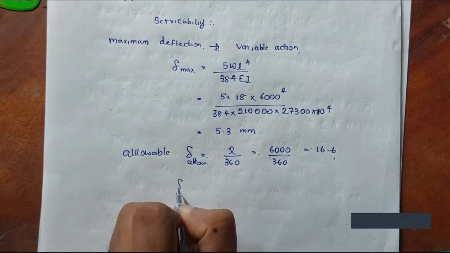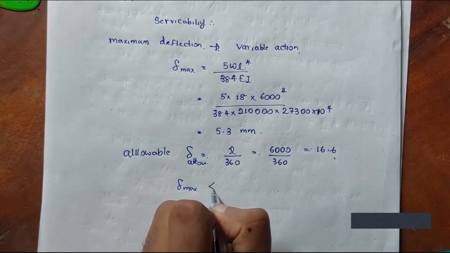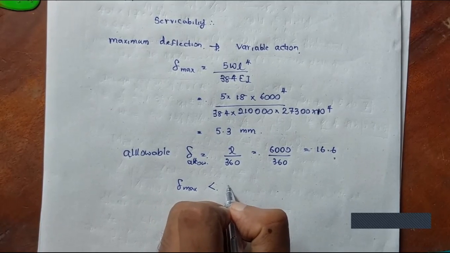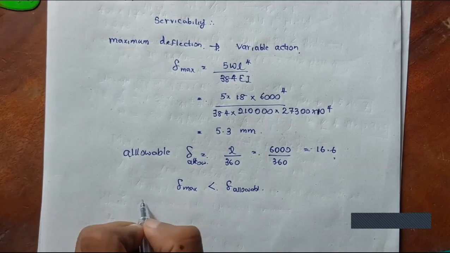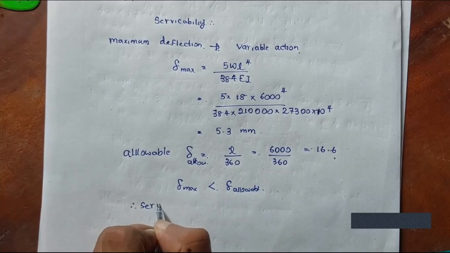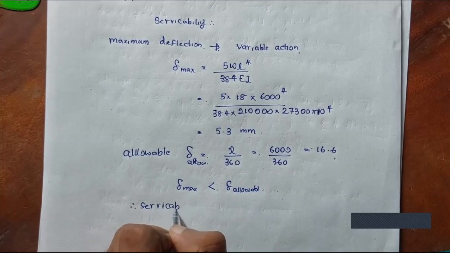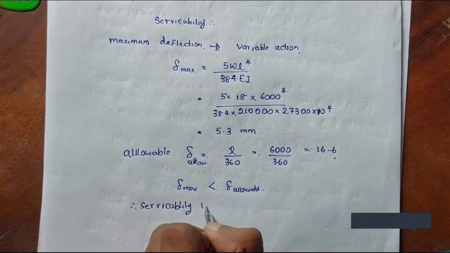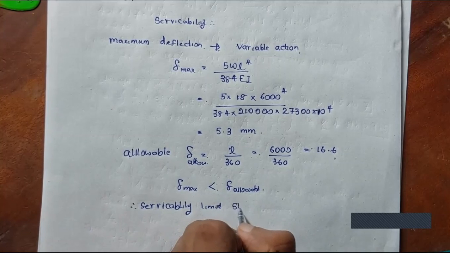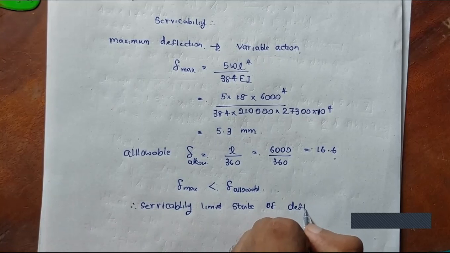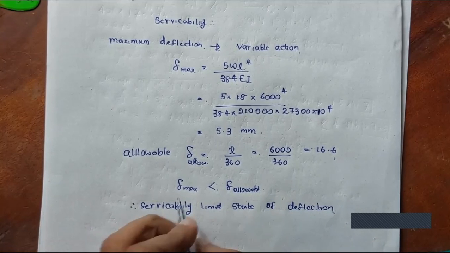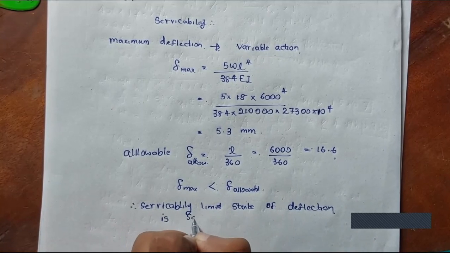So this delta max is smaller than delta allowable. So the serviceability limit state of deflection is satisfied.